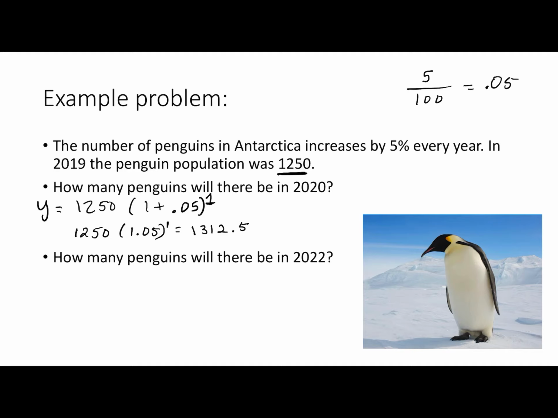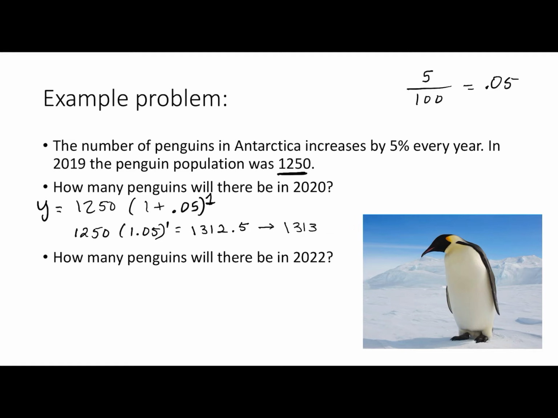I would probably approximate this. We can't really have half a penguin, so I'm going to say 1313. That's how many penguins there would probably be in 2020.